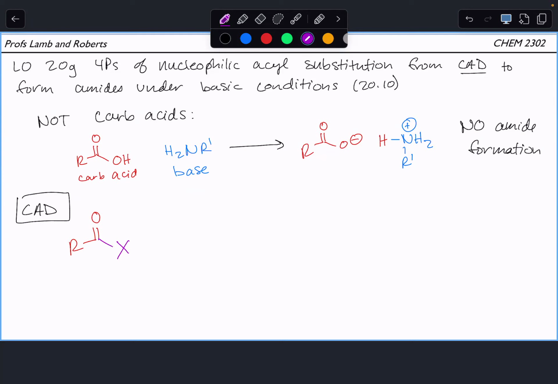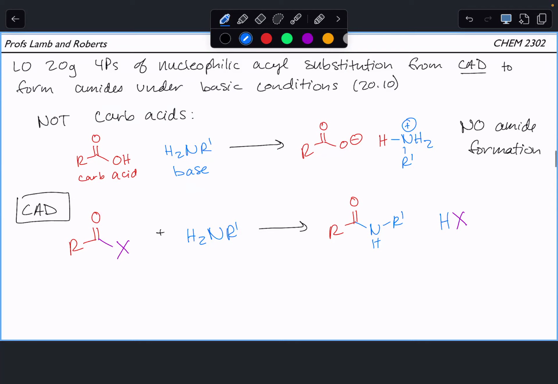So any carboxylic acid derivative plus an amine will get you an amide, and HX is your byproduct.